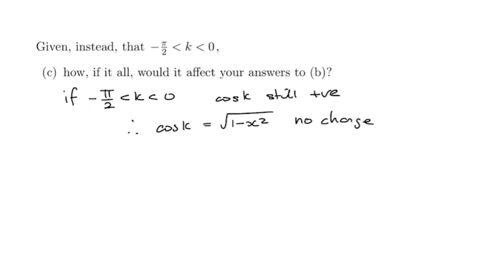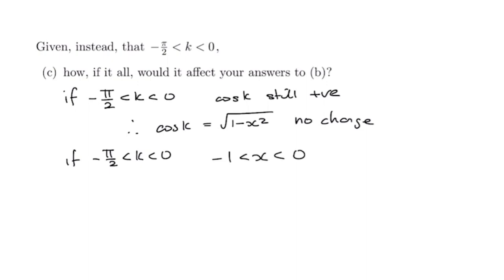Okay. And again, if minus pi over 2 is less than k, which is less than 0, okay, that tells me, if you think about your arc sine graph, that tells me that minus 1 is less than x, which is less than 0.